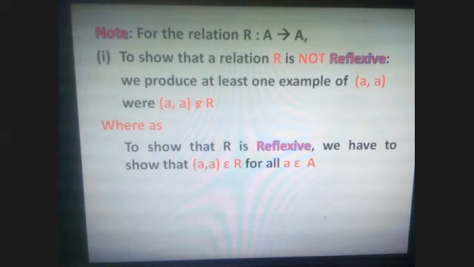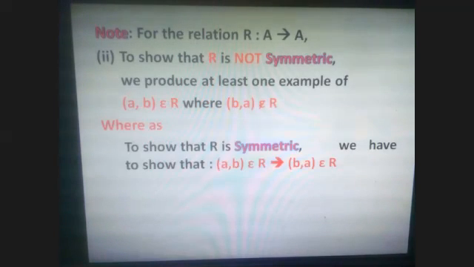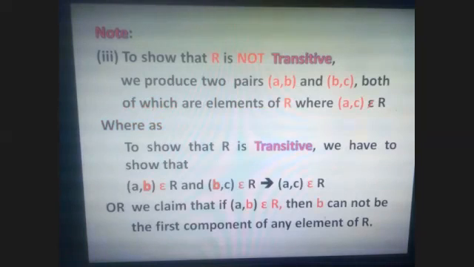Similarly, if you want to show R is not symmetric, we produce at least one example of (a, b) a member of R where (b, a) is not a member. One example will do. Whereas if you want to show R is symmetric, we have to show that (a, b) a member of R implies (b, a) a member of R. Similarly, if you want to show R is not transitive, be very careful here.